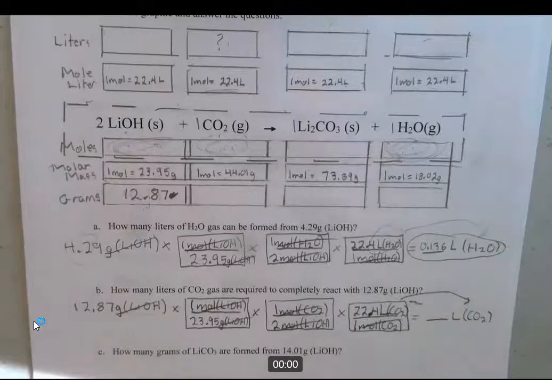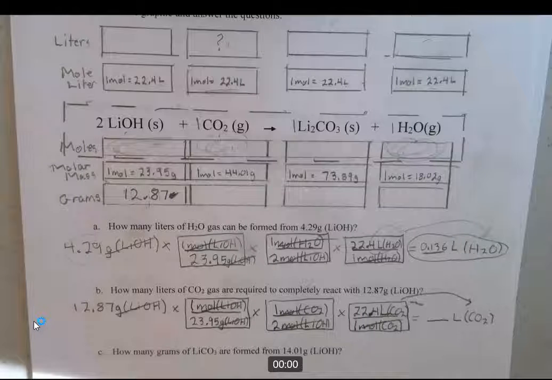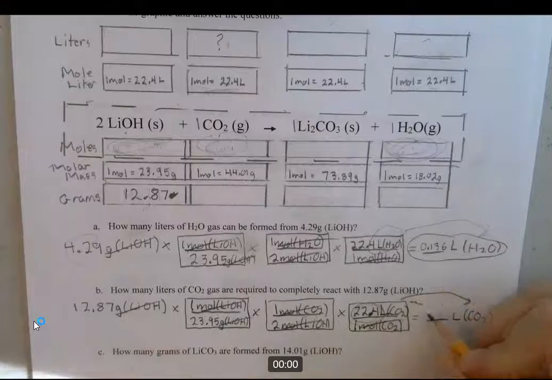So now we're ready to go ahead and do the calculation. And that's going to be 12.87 times 1 times 1 times 22.4 divided by 23.95 divided by 2 divided by 1, and that's going to equal 6.02. And I've got 3 sig figs right there with 22.4, so I'm going to stick with that, 6.02.